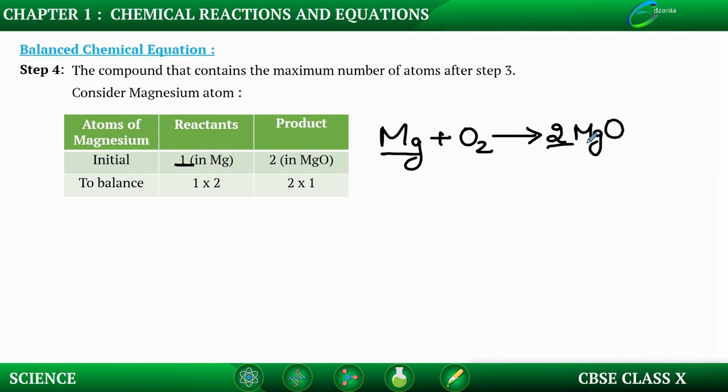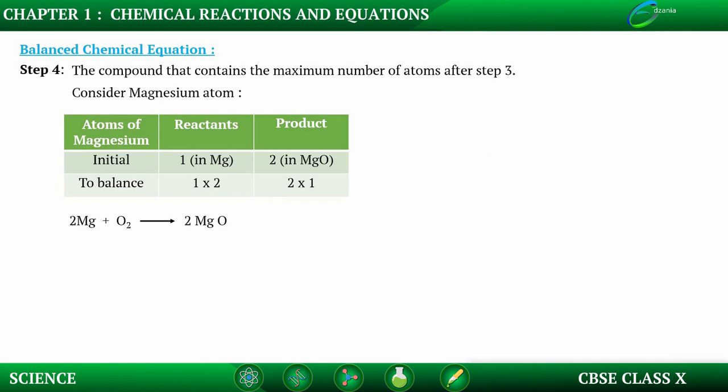In the product, it is 2. Therefore, to balance, we are multiplying magnesium atoms by 2 in the reactants. Therefore, our equation would be 2Mg plus O2 gives rise to 2MgO.